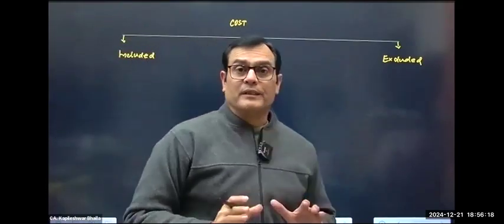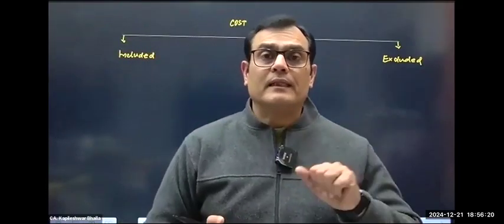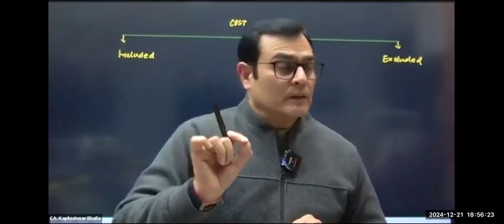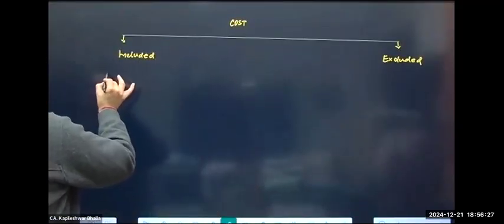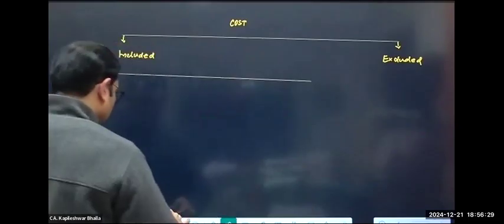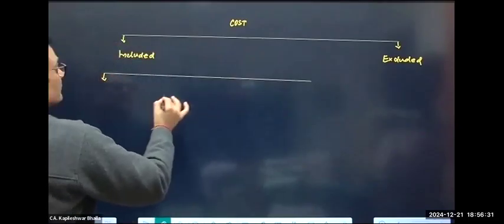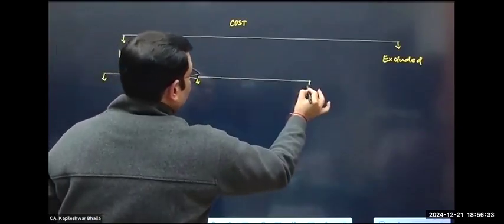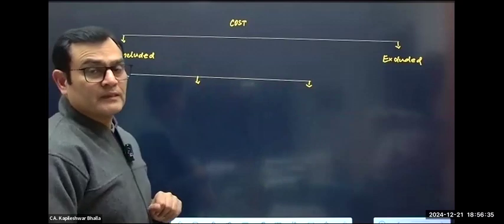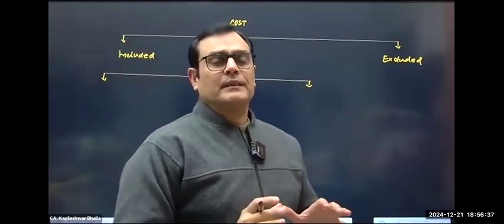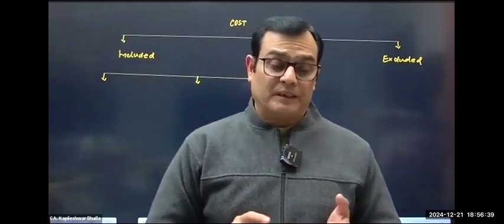So there are two things we need to understand: when you consider inventory, what is included and what is excluded. Now, this is just a reminder of what you've done in FR. In terms of inclusion, the standard says there are three kinds of costs to be taken for inventory.